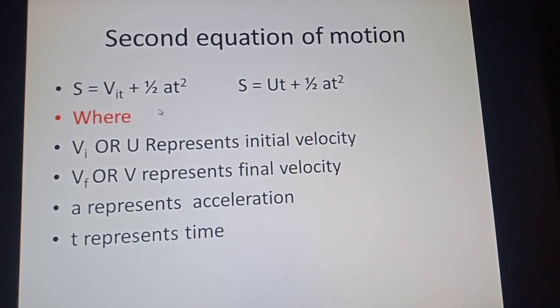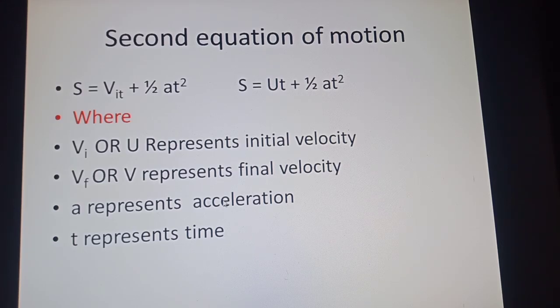Now, here is the second equation of motion. It is written as S equals Vi t plus half A t square, or in some books you will find it like this: S equals U t plus half A t square. Now the terms involved in this equation are Vi or U, the initial velocity, and Vf or V, the final velocity.